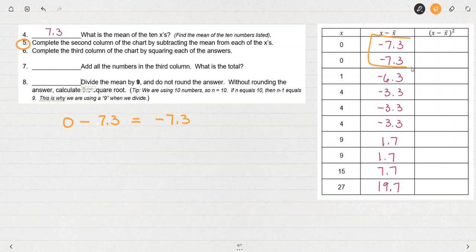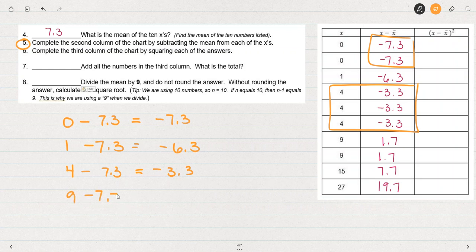Notice that that's repeated twice. 1 minus 7 3/10 is negative 6 3/10. And then there were 3 times that we get a 4. So 4 minus 7 3/10 was negative 3 3/10. So I've listed that 3 times.